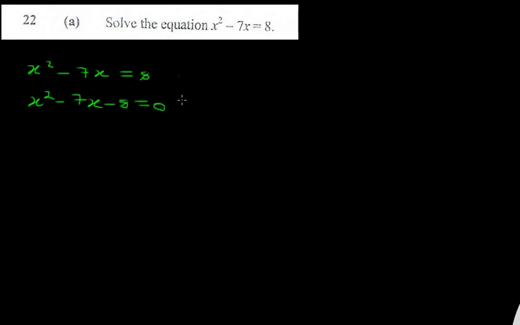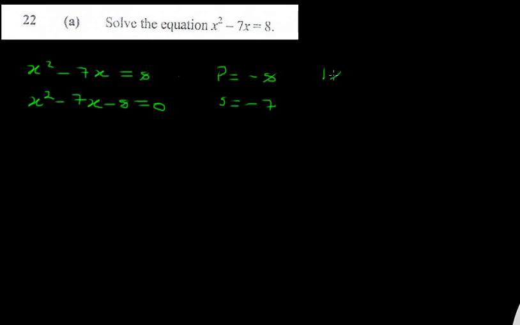Minus 8 equals 0, right? And we see if we can find the product and the sum. Remember, product, sum. If we say 1 multiplied by negative 8 gives us a product of negative 8, and the sum would be negative 7. So what numbers do you multiply to get negative 8 and add to have negative 7?